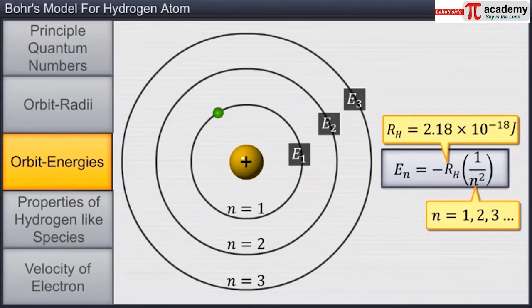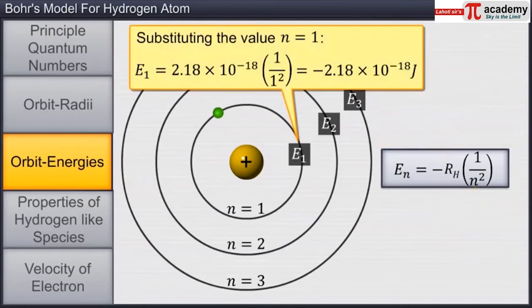Energy of the nth orbit of a hydrogen atom in electron volts is equal to minus 13.6 divided by n squared. Thus, the energy of the ground state, n is equal to 1, for the hydrogen atom is equal to minus 2.18 multiplied by 10 raised to the power minus 18 joules.